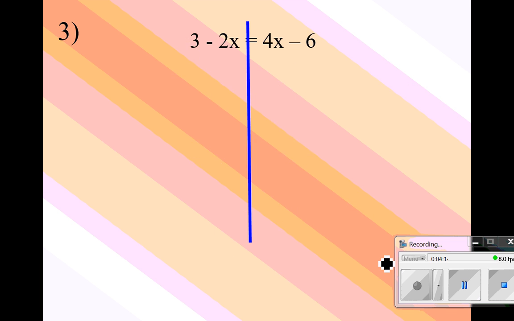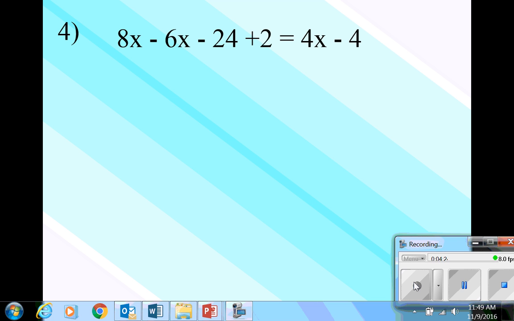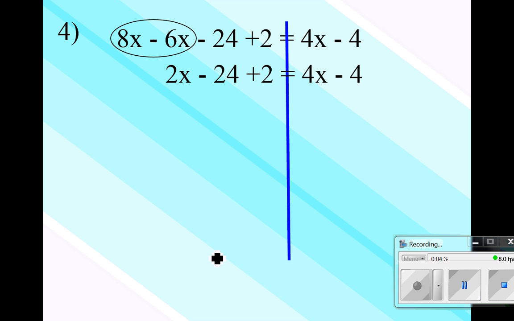Here is our last example. 8x minus 6x minus 24 plus 2 equals 4x minus 4. This one, you're able to actually combine like terms. So I'm going to start by combining these, and that would give us 2x, and then bring everything else down.